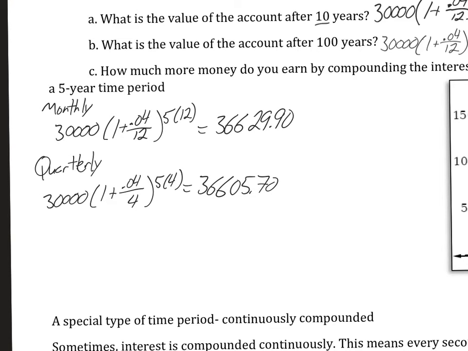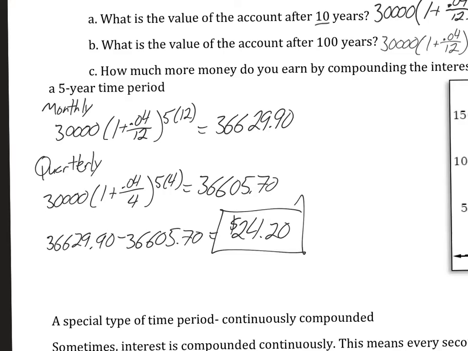So now we're just going to subtract these two. So we have 36629.90 minus 36605.70. So that tells us that if we do it monthly, we are earning $24.20 more after 5 years.